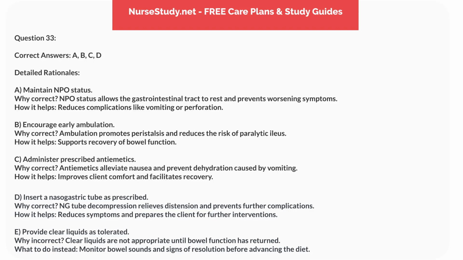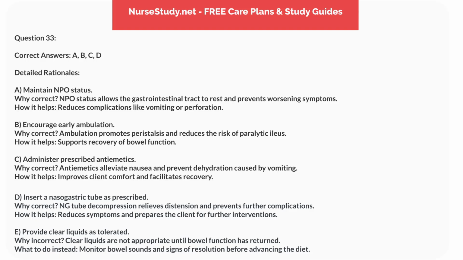C. Administer prescribed antiemetics. Why correct? Antiemetics alleviate nausea and prevent dehydration caused by vomiting. How it helps: improves client comfort and facilitates recovery. D. Insert a nasogastric tube as prescribed. Why correct? NG tube decompression relieves distension and prevents further complications.